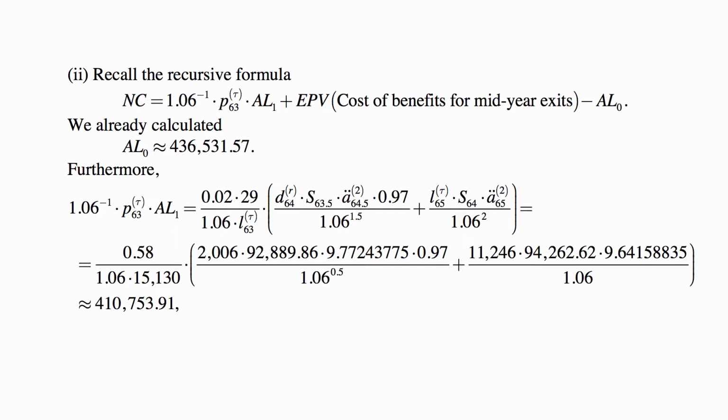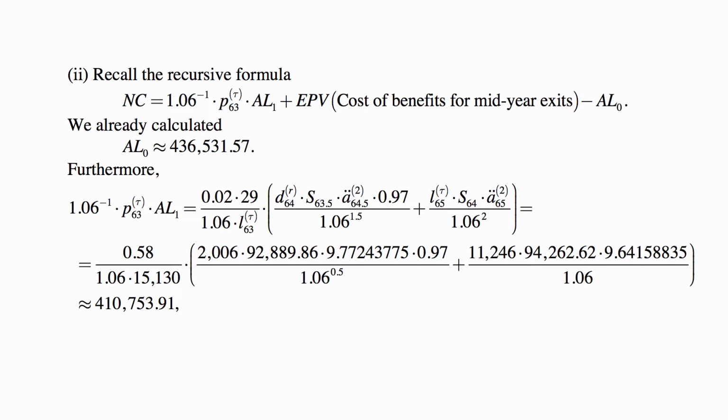It's the reserve plus the premium accumulated with interest pays for the reserve next year for those who survive, and for any kind of benefits that are paid out where the reserve is released. For life insurance, that's deaths, but for a retirement system, it's the people who exit the system in some way, retire, quit the job, die, and so on. So this is a form of this recursive formula.